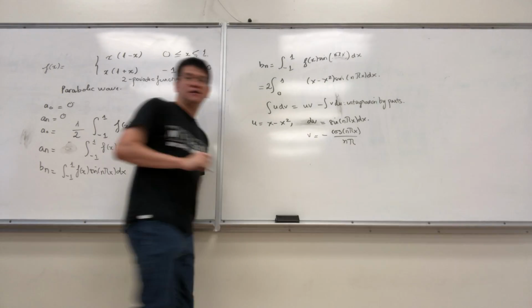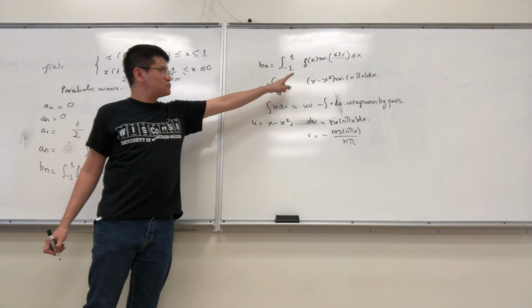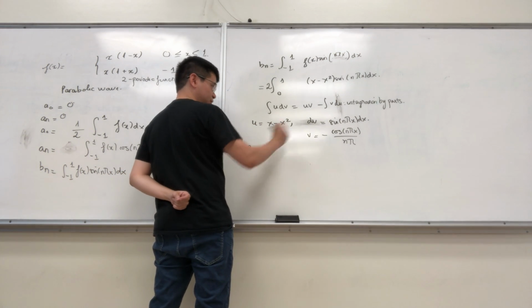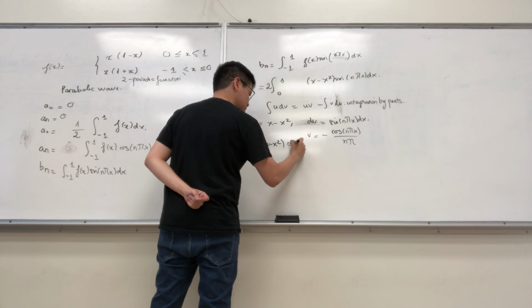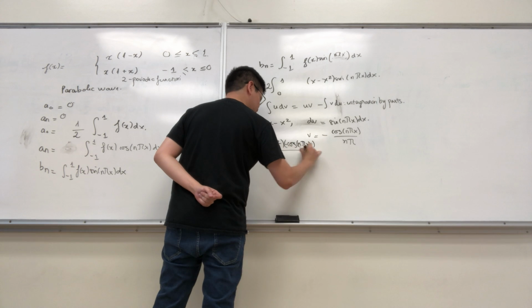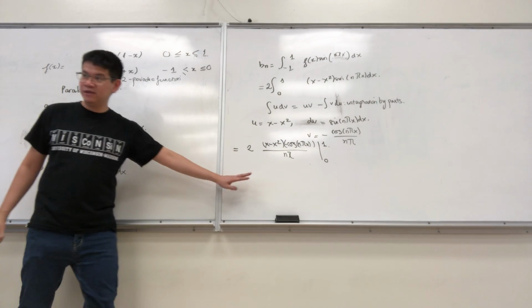All right? So we apply integration by parts to this, and we have 2 times uv, which is x minus x squared times minus cosine of n pi x over n pi, and take the difference between 0 and 1, right? And this is 0.